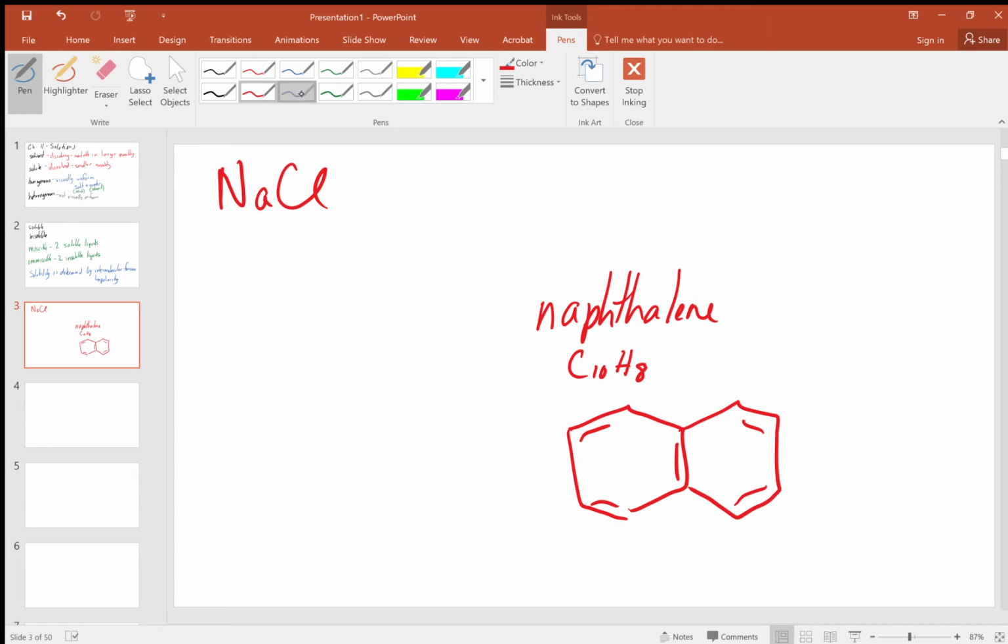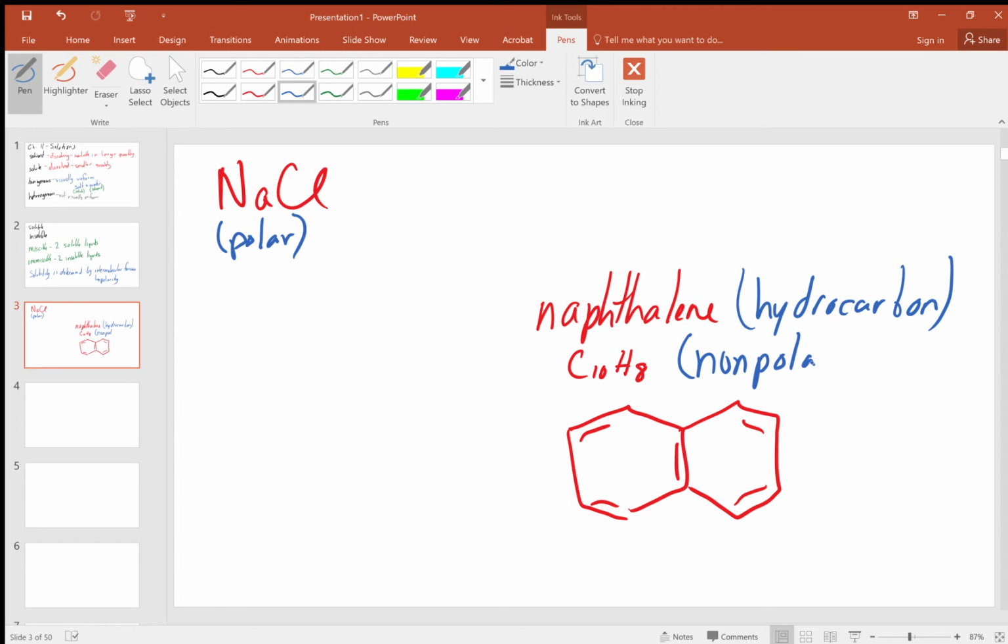Sodium chloride, we know as an ionic compound, is very polar. Naphthalene, on the other hand, contains only hydrogen and carbon, and like pretty much any hydrocarbon, is highly nonpolar.